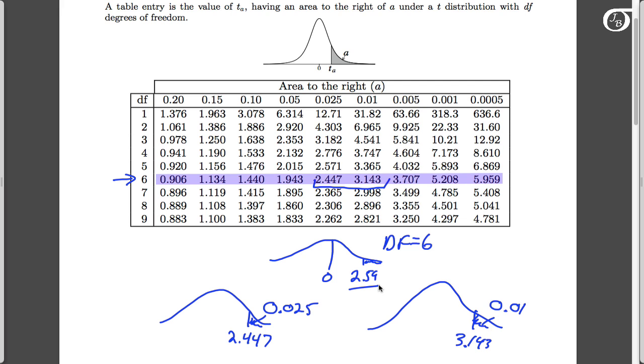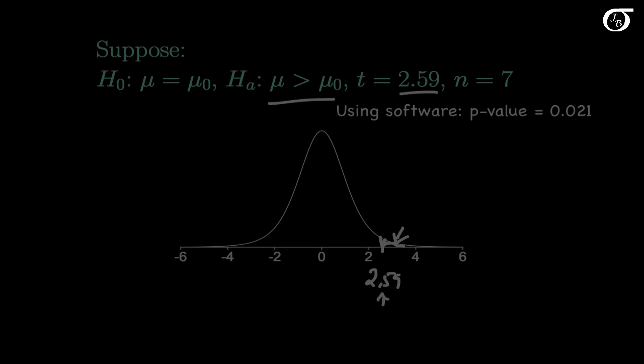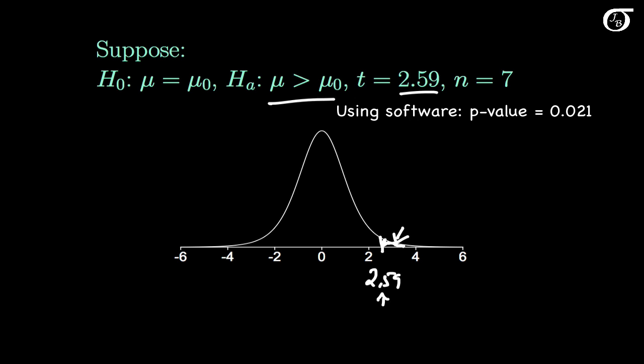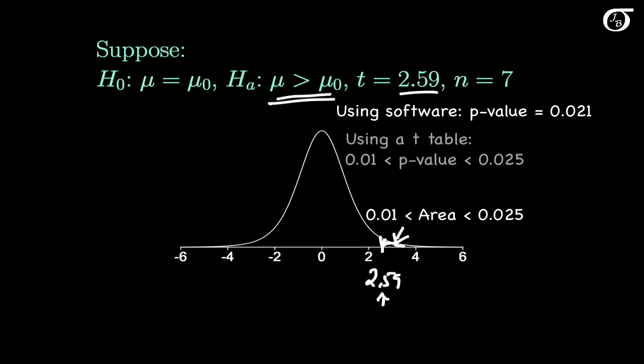Our value of 2.59 falls in between these two values, so the area to the right of our value must fall in between these two values. So the table tells us that this area falls in between 0.01 and 0.025. But for this alternative hypothesis, that area is the p-value. So we would simply say that the p-value falls in between 0.01 and 0.025.